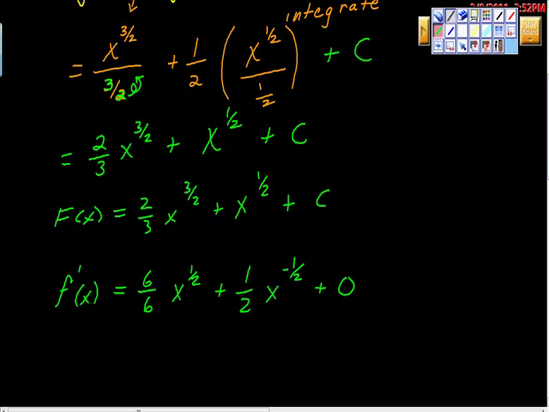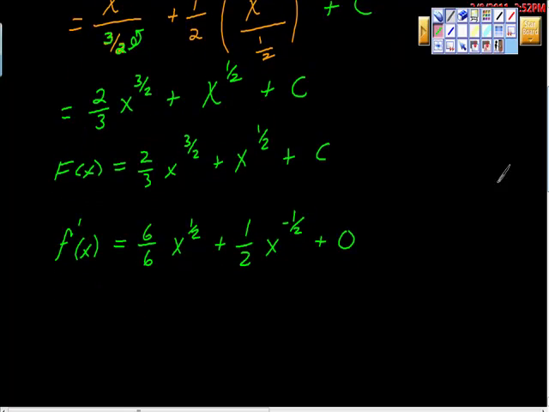And simplify that out a little bit. 6 over 6 is 1, so square root of x plus, look, this 1/2 here is 1 over 2, and this is negative, isn't it? So square root of x. f prime of x is this mess.